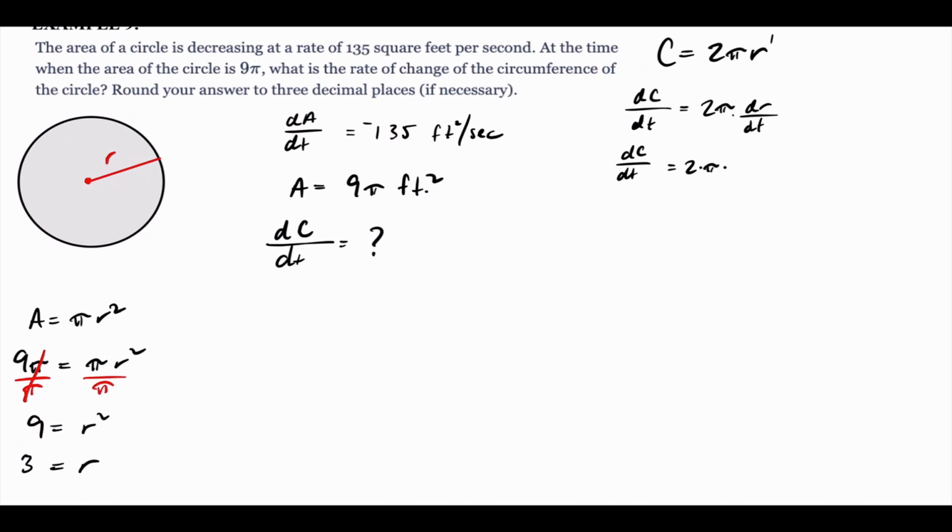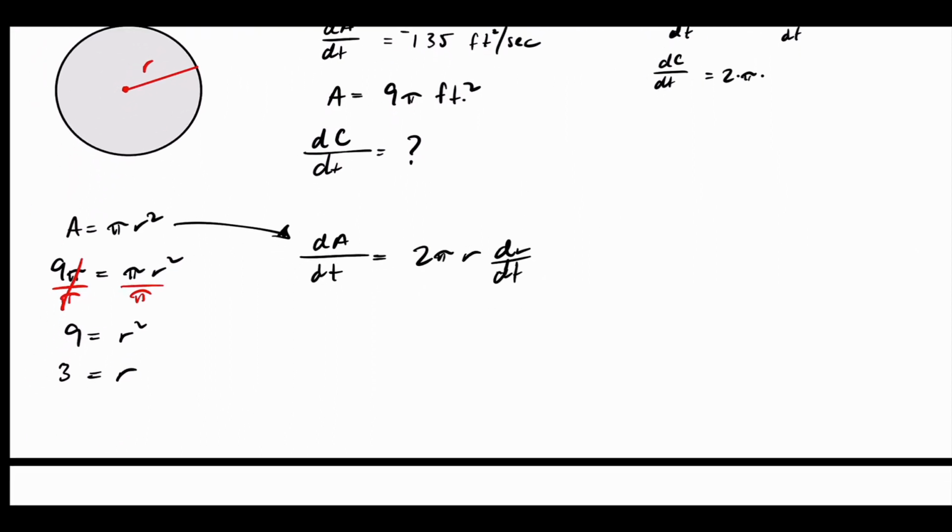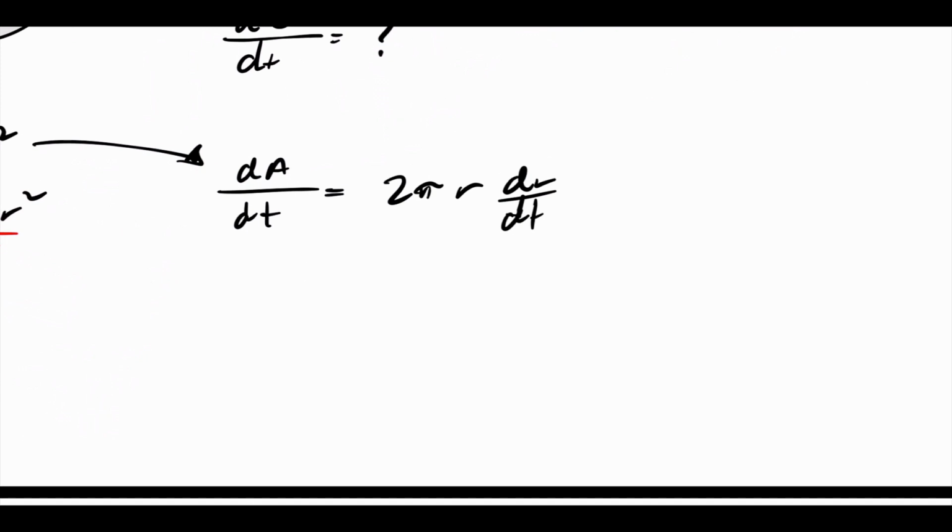Where would I get dr dt from? The derivative of the area equation, right? You guys already found the derivative of this guy on another problem. It was 2 pi r dr dt, right? That's the only place I can find dr dt. If they don't tell me what it is, it's the only place I'm going to find it.